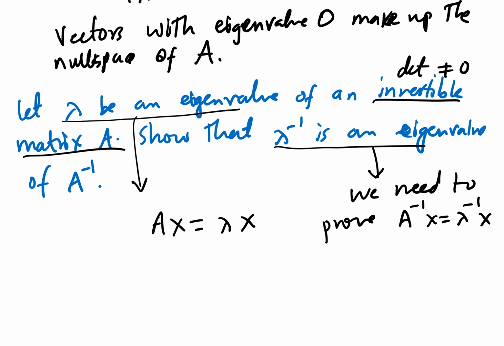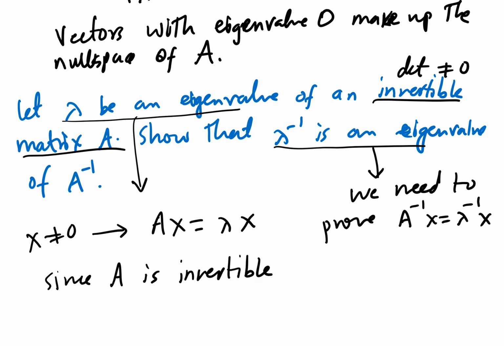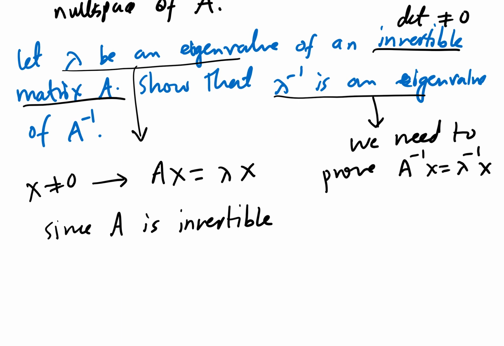Since lambda is an eigenvalue of A, this means there is a non-zero vector X so that AX equals lambda X. Since they give us A is invertible, meaning the determinant is not 0, we can multiply both sides of that equation by A inverse.